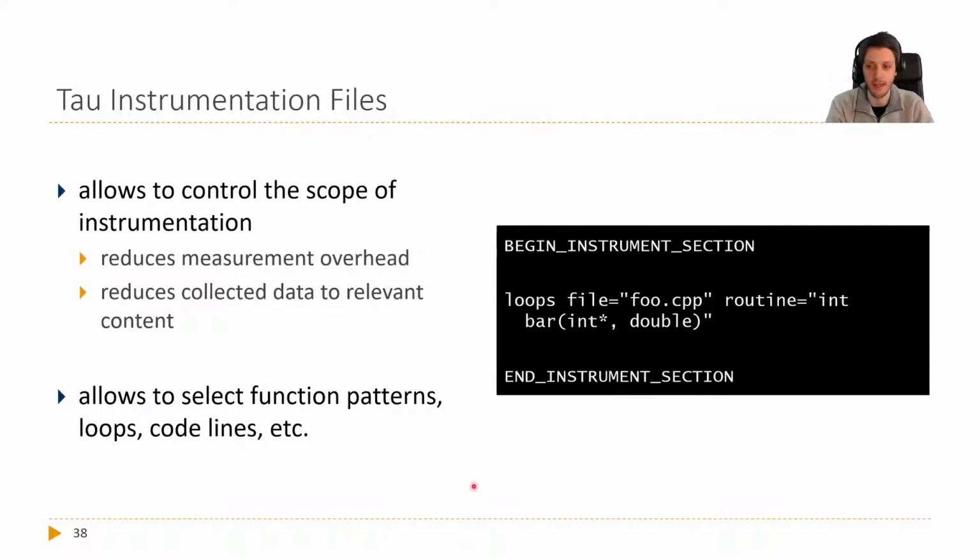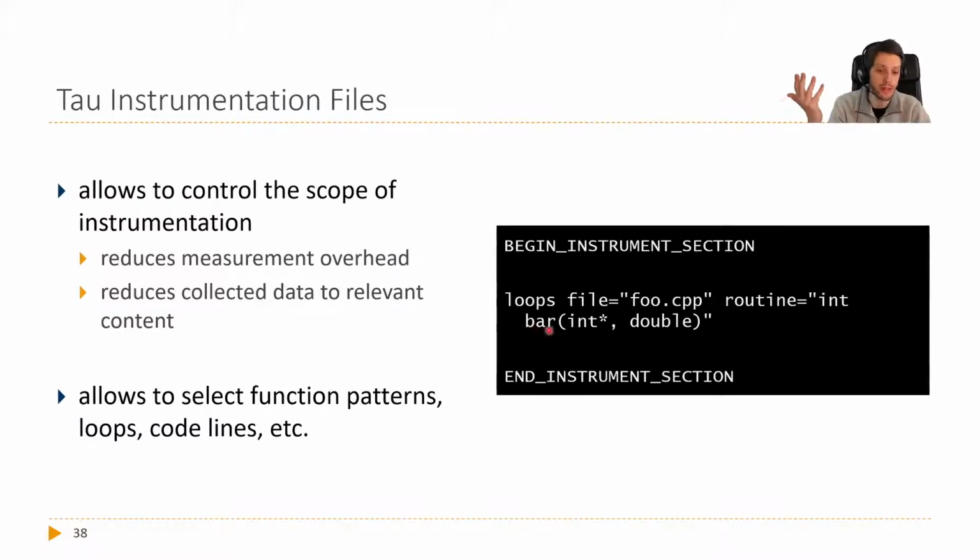On the right side, for example, you see such an instrumentation file that has a very simple syntax. It says begin instrument section, which means in between this begin and this end, you put all of the patterns or all of the information that should be gathered. And here I say I'm interested only in loops, so don't instrument anything that's not a loop. But even further than that, only loops in the file foo.cpp and only in functions that are called bar and have this specific function signature.